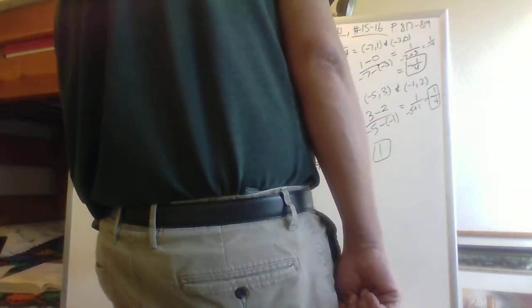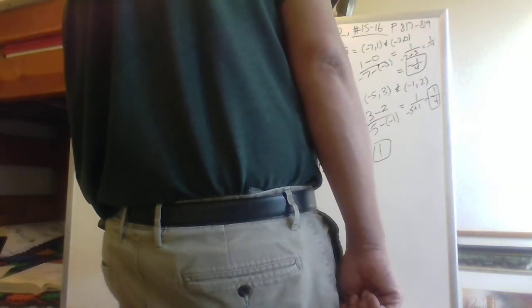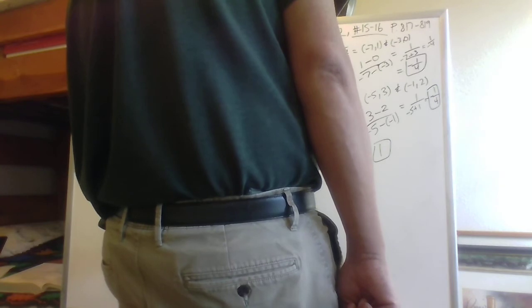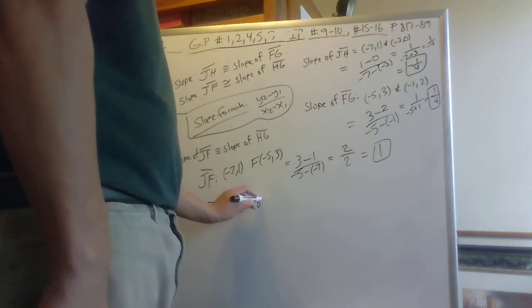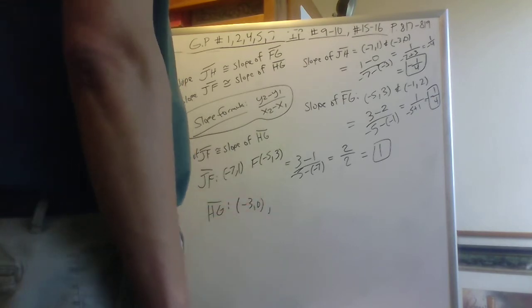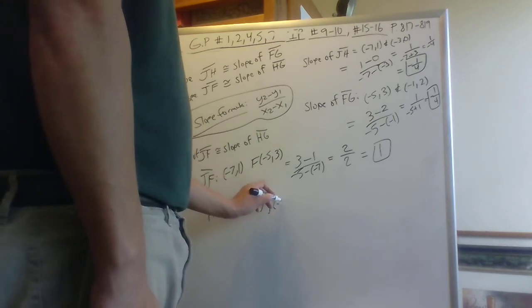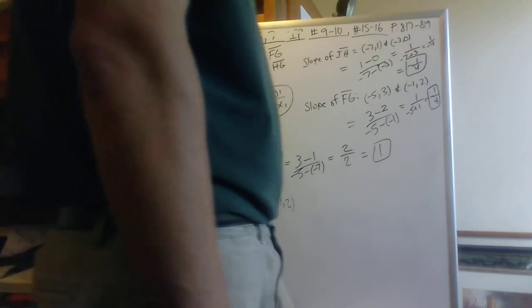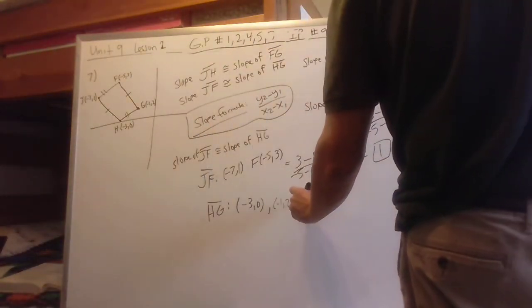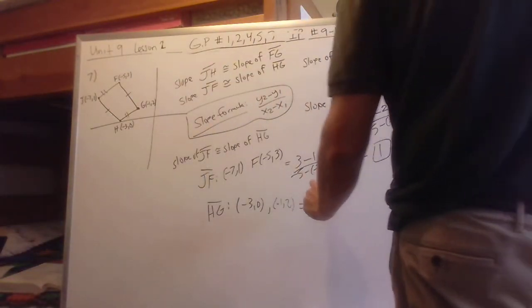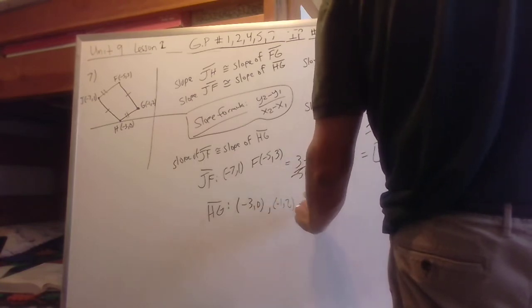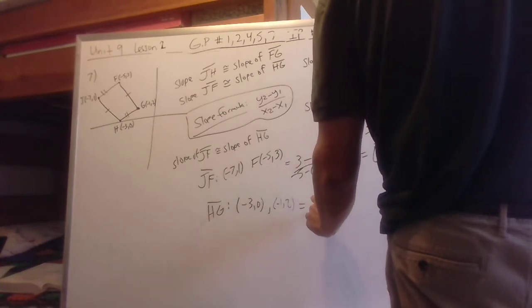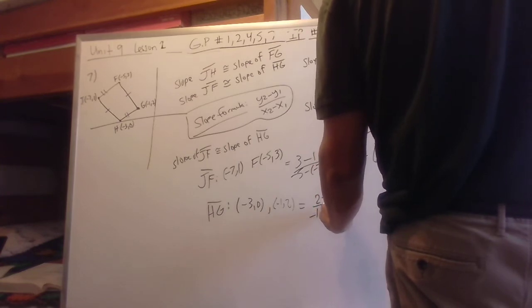If the slope of HG is equal to 1, we know that this quadrilateral is a parallelogram. Point H is at negative 3, 0, and point G is at negative 1, 2. So we take 2, subtract 0, and take negative 1 and subtract negative 3.